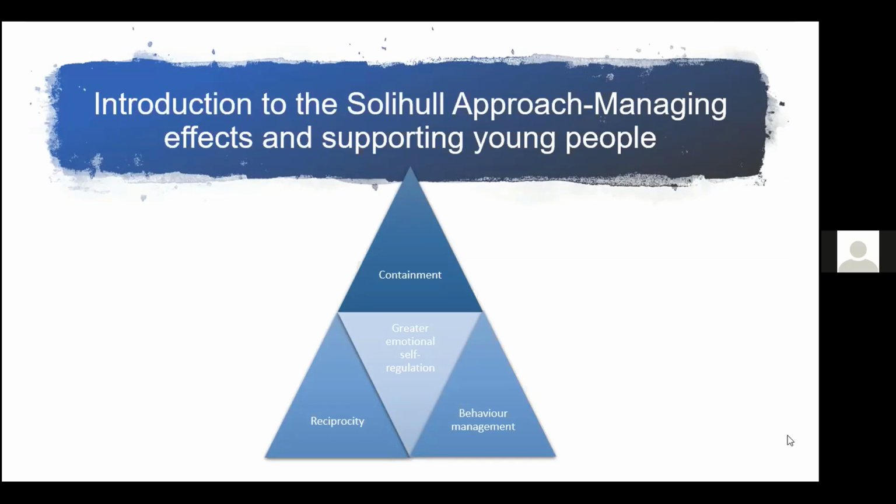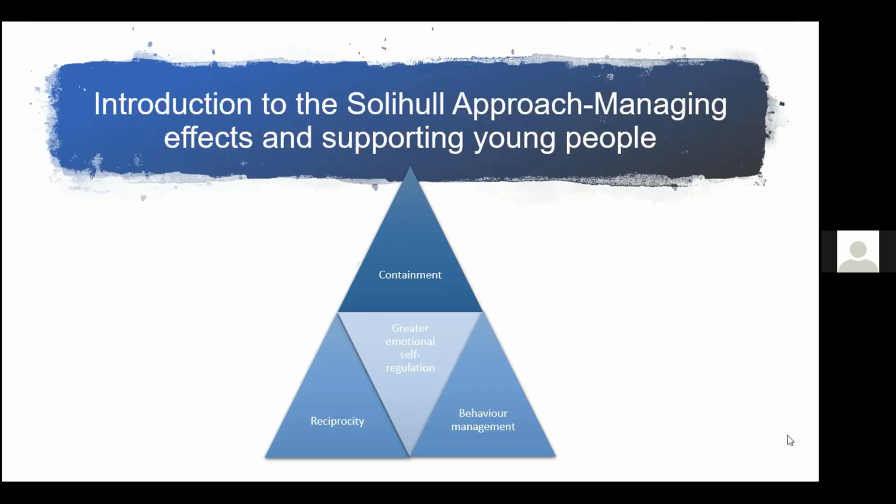The Solihull approach is a framework and intervention that uses principles in attachment theory to support children with attachment difficulties, or those that may just need additional nurturing and support with their relationships. So they don't even have to have an attachment difficulty as such. It's about children that just need that additional nurture and support in developing their relationships.